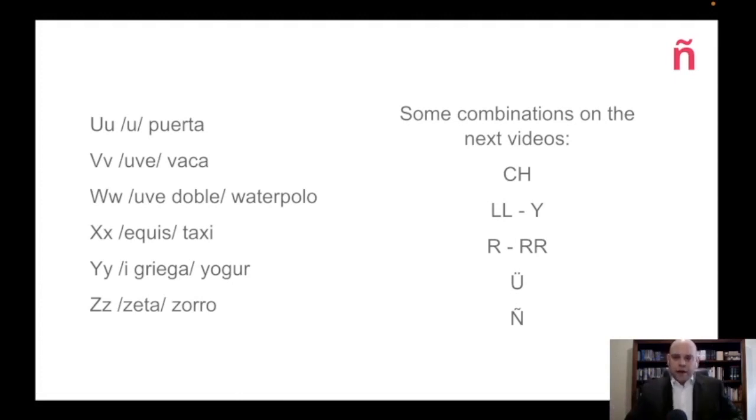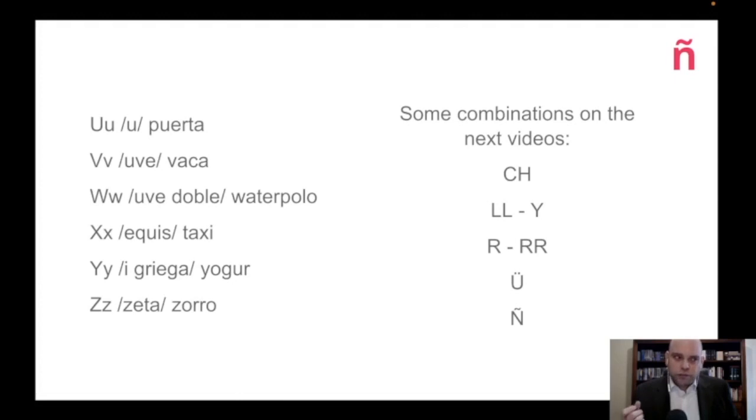Then now you can find in the Spanish language some combinations of letters that we will learn in the next lessons of this course. So for example, we have the combination ch, that we say che. Many years ago, it was a letter in the alphabet, but not anymore. This is not a letter anymore in the alphabet, just a combination.